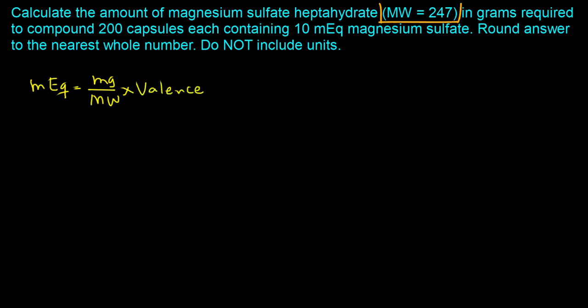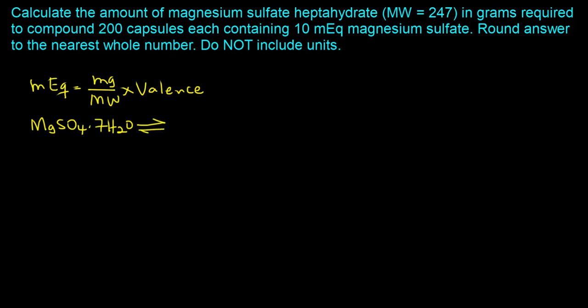So we've been given the molecular weight to be 247. We go ahead and find the valence. So magnesium sulfate heptahydrate is actually going to be MgSO4, and then you have 7 molecules of water attached to the compound.